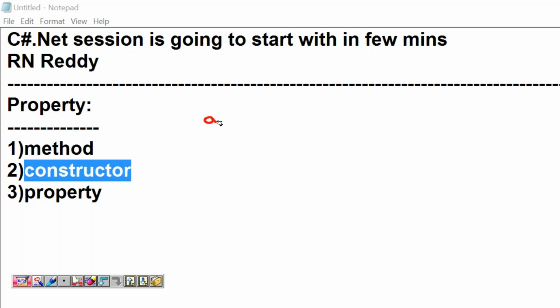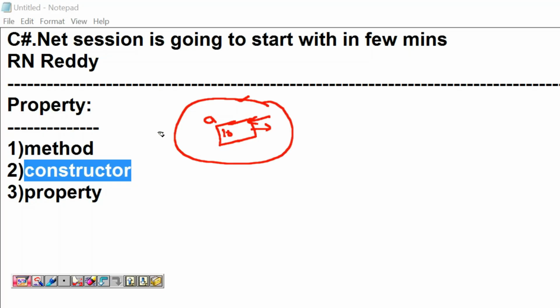I have a class level variable called A. Class level variable means it can be an instance variable or static variable, we'll see that later. I want to initialize it whenever I want, and retrieve it whenever I want. I need an individual initialization and retrieval mechanism for a class level variable. That concept is nothing but property.